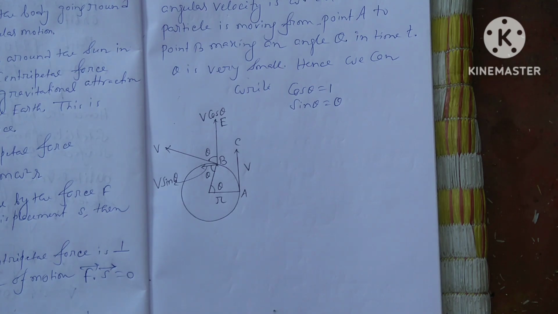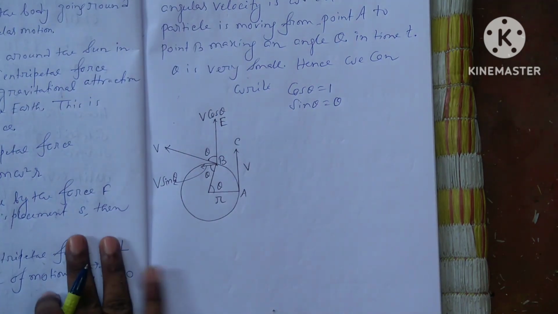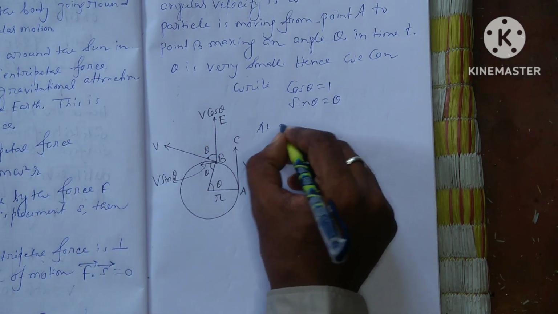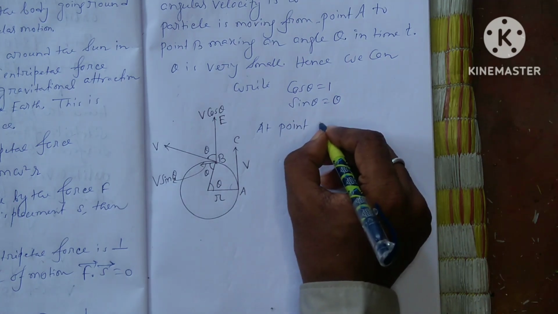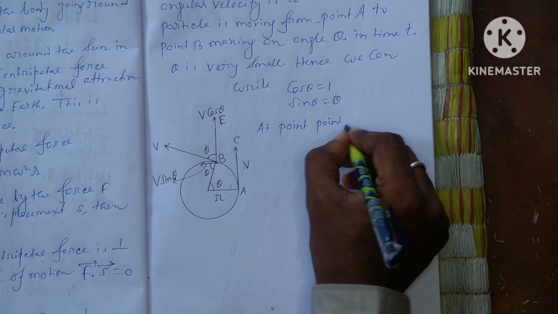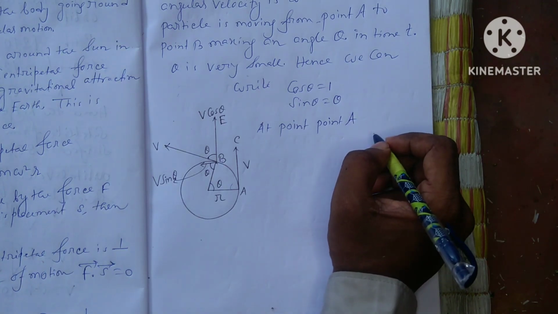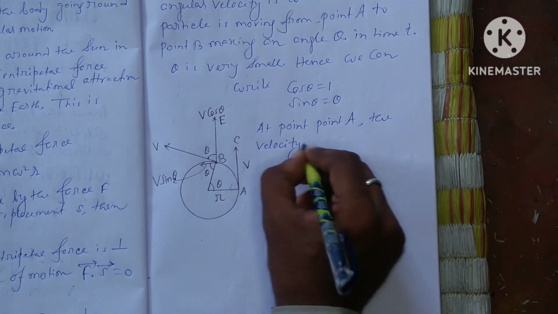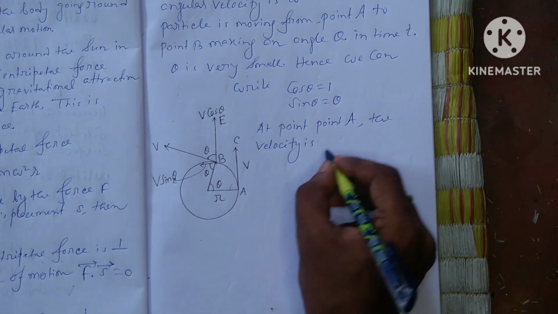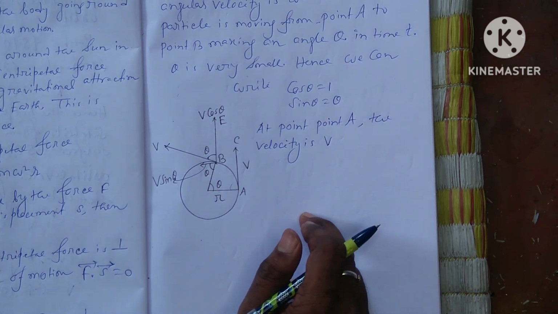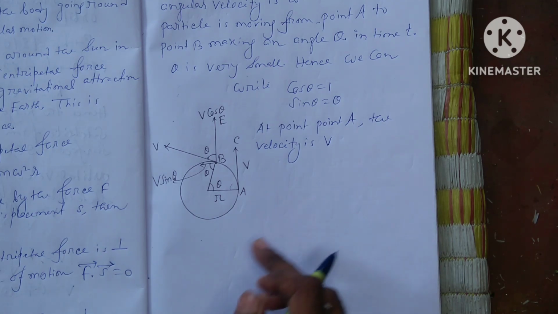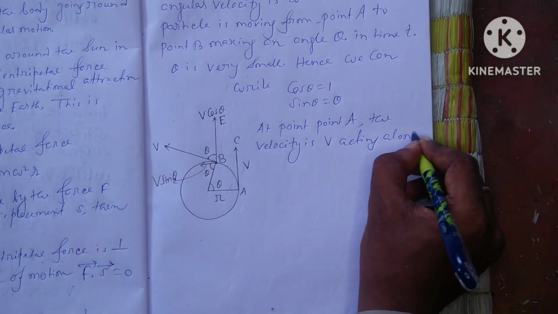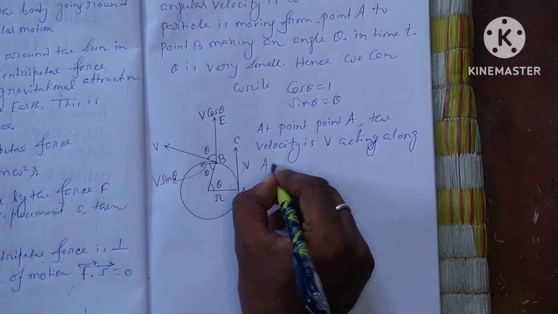So at point A, the velocity is v, acting along AC.